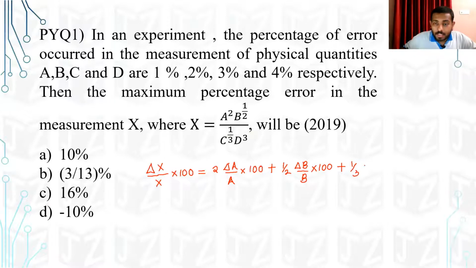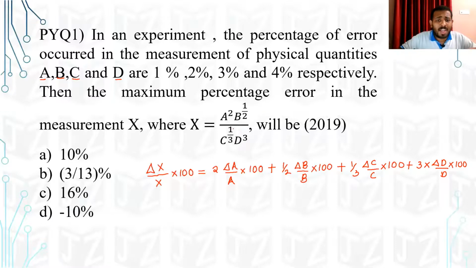1 by 3 into the percentage error in C plus 3 into the percentage error in D. In our question, the percentage errors for A, B, C and D are given as 1%, 2%, 3% and 4%.